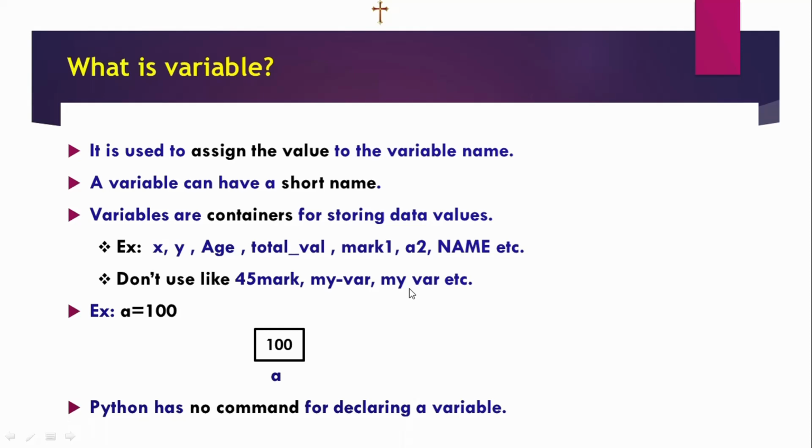Likewise we have to declare the variables, and after that we can use them. But here in Python, there is no need to mention the data type or declare the variables. Wherever we need, we can use the variable directly. That is called Python has no command for declaring a variable.